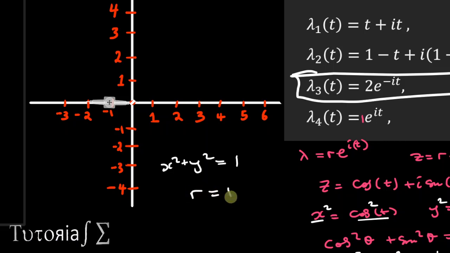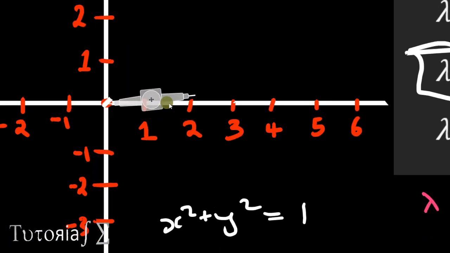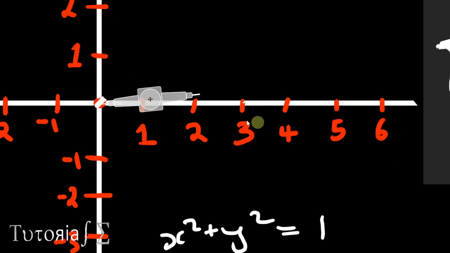The radius is 1. So we can get our compass and minimize our radius to 1. Let me zoom in. Minimize the radius to 1, if that is even possible.